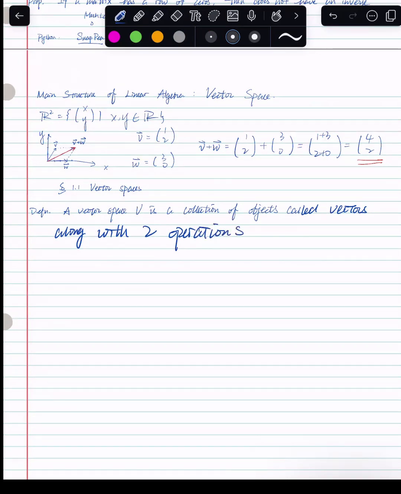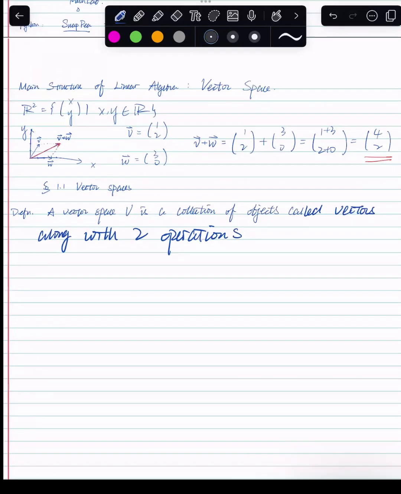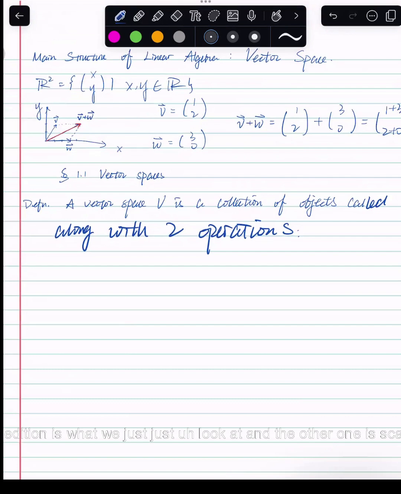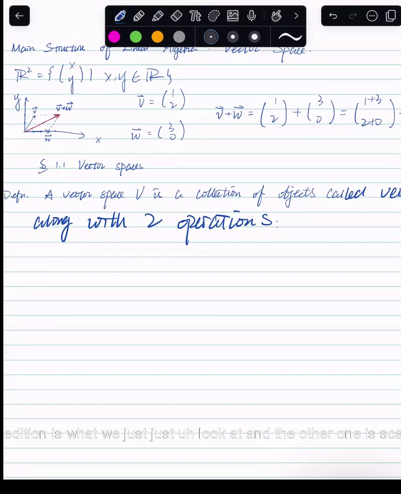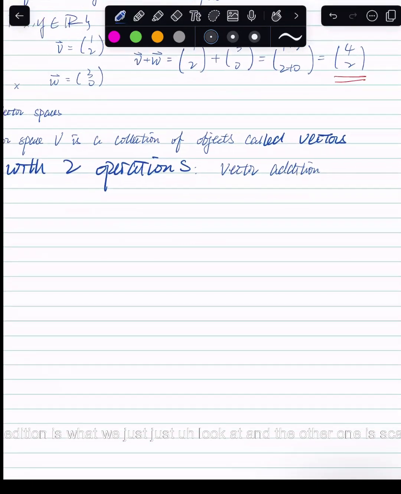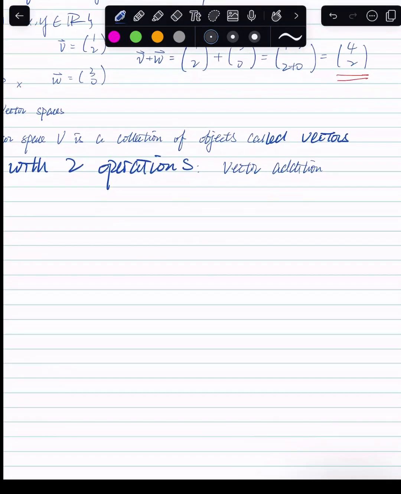One is vector addition, which is what we just looked at, and the other one is scalar multiplication.